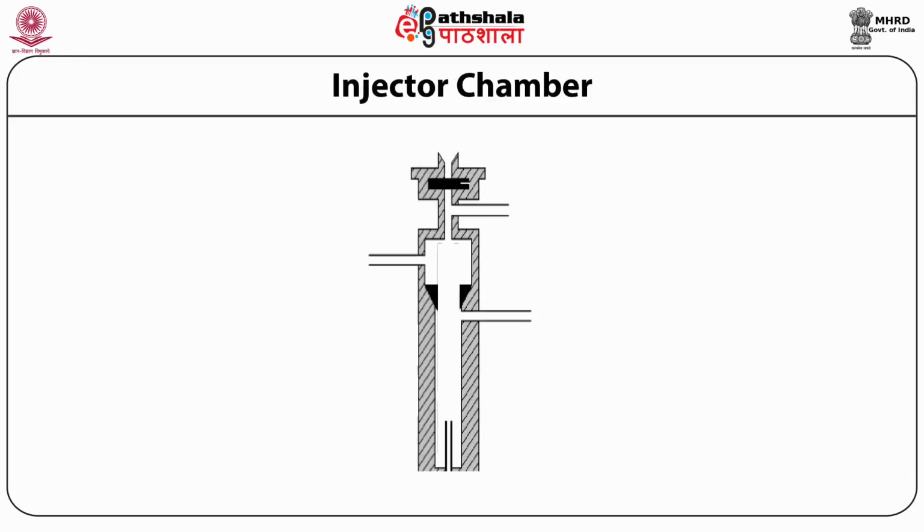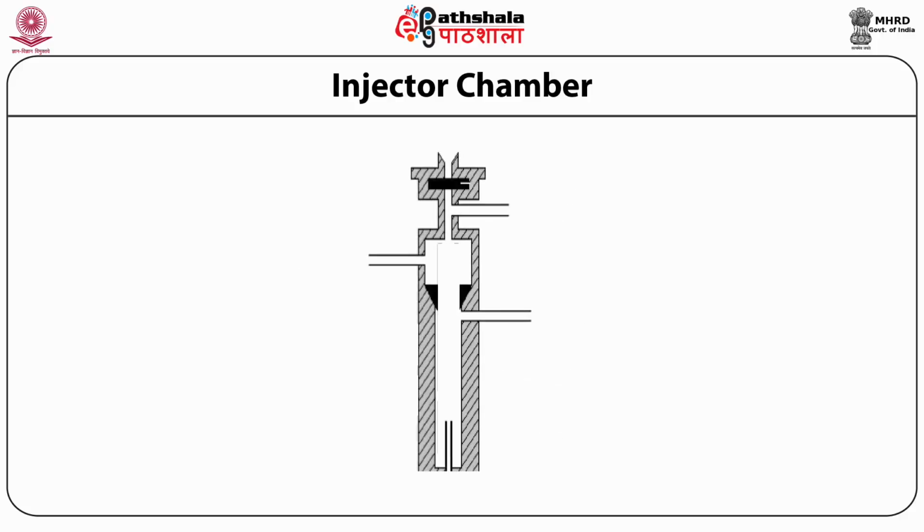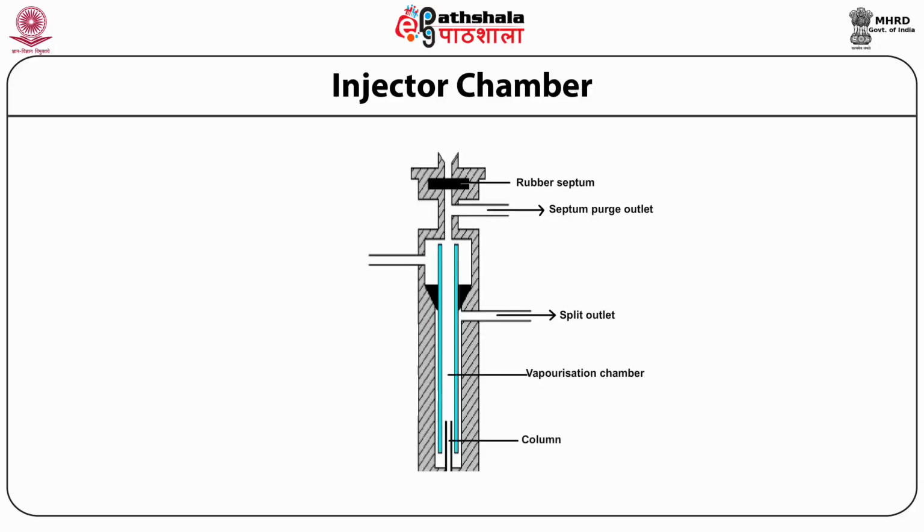So here is the injector chamber, or the typical construction of an injector chamber that you typically see in a GC system, and it is constructed this way because our injection of the sample may be split or splitless, which means that either the whole of your sample is loaded onto the column or only part of it is loaded onto the column.